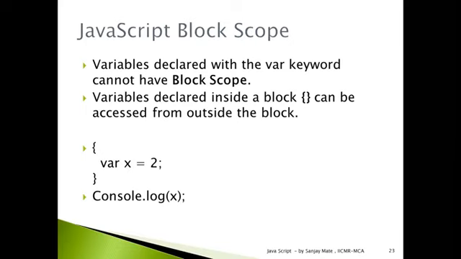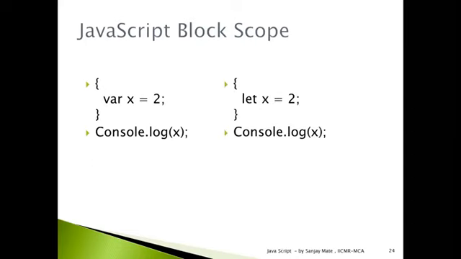This is the first use of var: var can be accessed outside the block in which it was declared. Here I am writing var x is equal to 2 inside a block, and still I am able to access it with console.log, which prints 2. But if I declare the same variable x with let x is equal to 2 and print console.log x, it will print undefined.